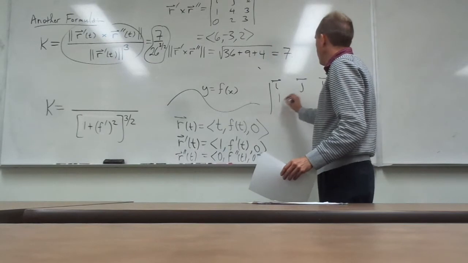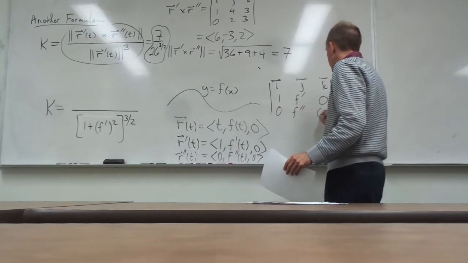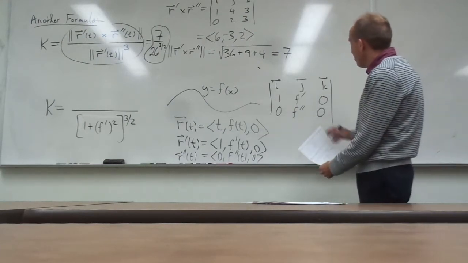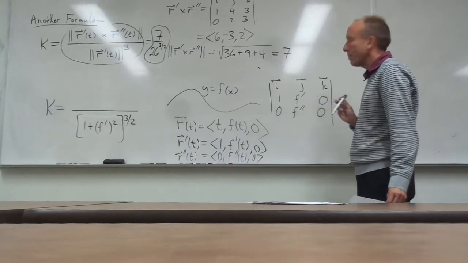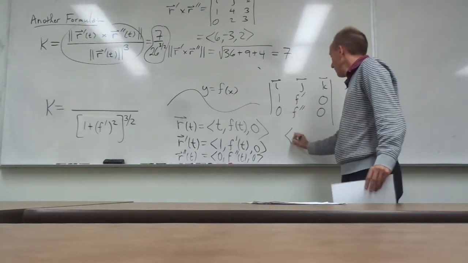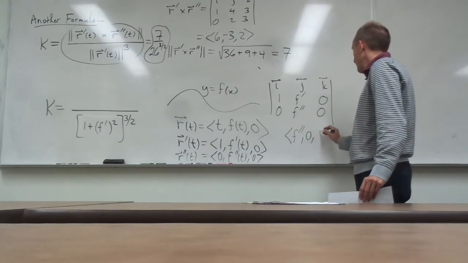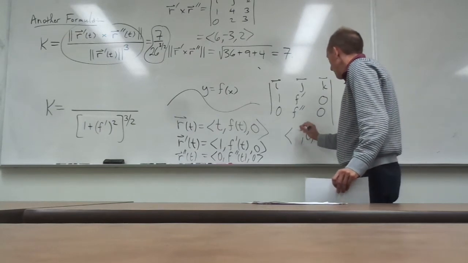So if I put in 1, f prime, and 0, and 0, f double prime, and 0, I have a lot of zeros there. When I do my cross product, the I component is 0.